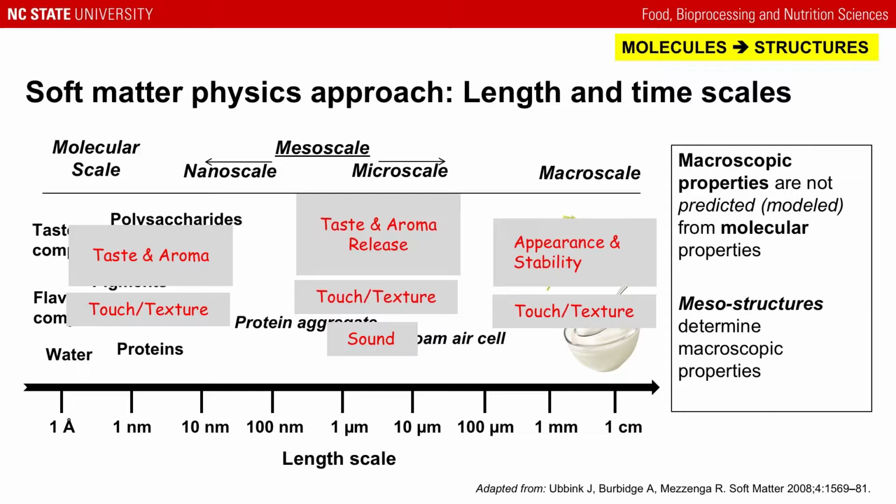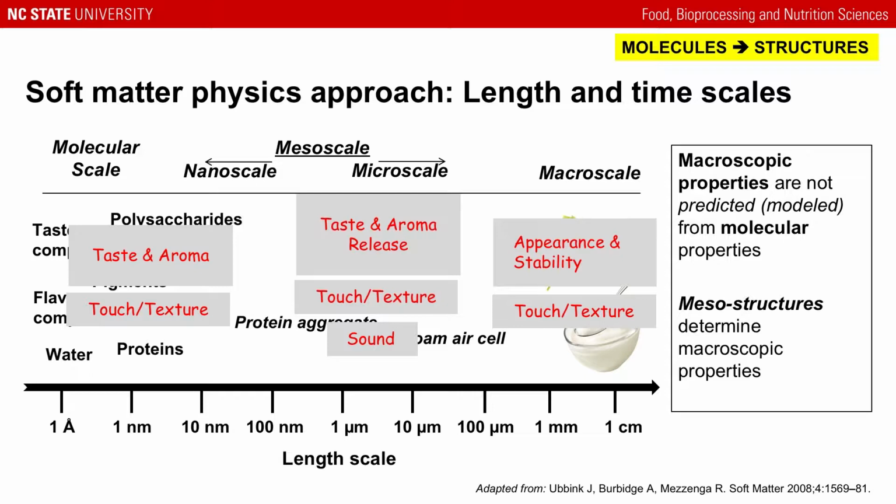And then at the macroscopic scale, you've got appearance, stability, and again, notice that texture goes across all length scales. Okay? Macroscopic properties are not predicted or modeled from molecular properties but from the mesoscale structures. That's the key soft matter physics approach, that we have to understand what's going on here to get this.